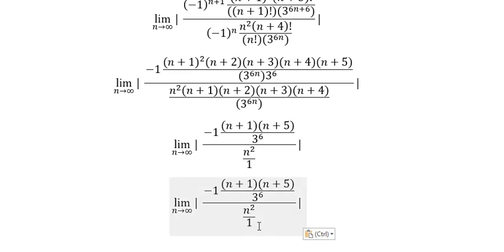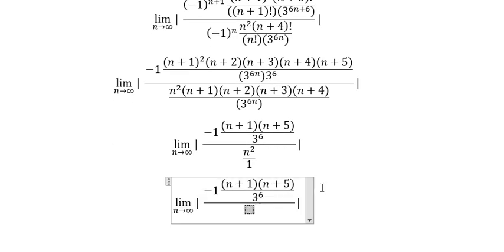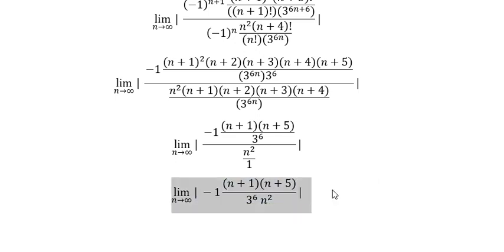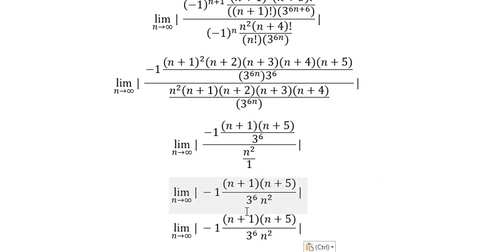And now we can put like this, n squared here. Now we need to expand this one.